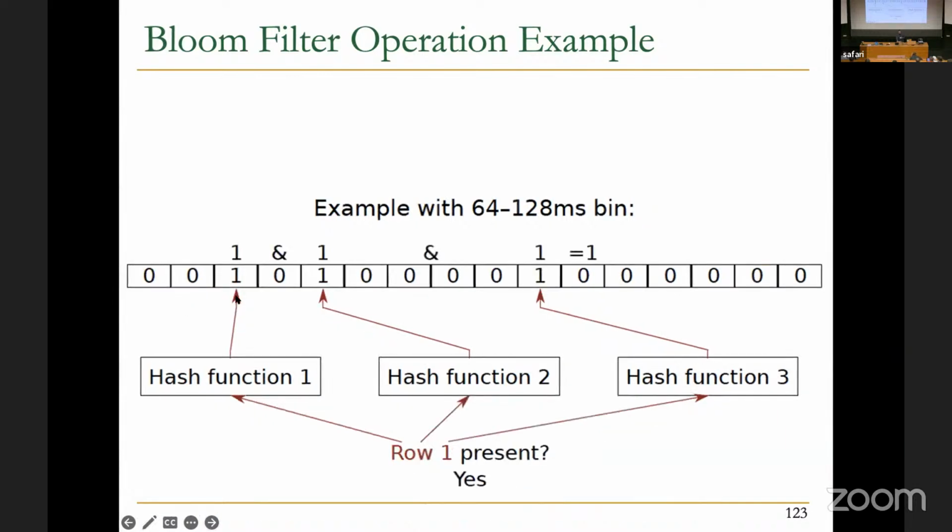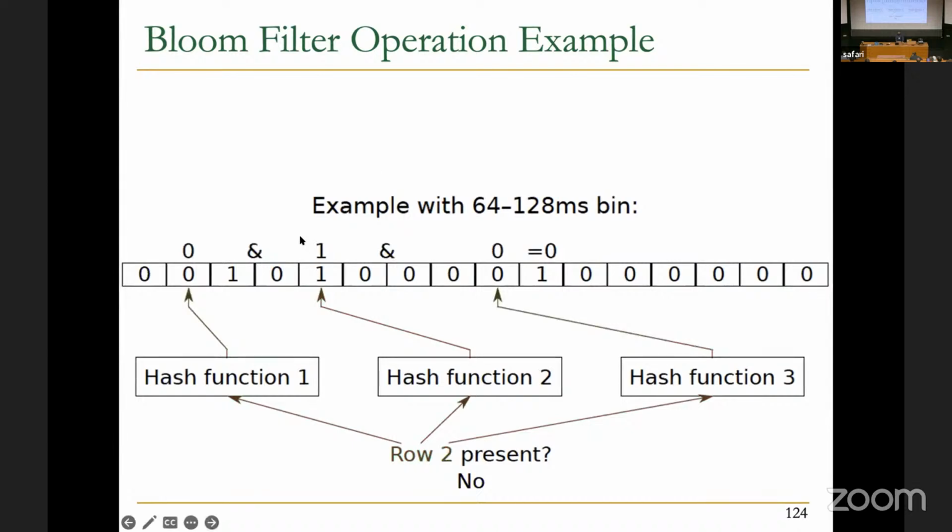And once you want to test if row 1 belongs to this particular set, if row 1 needs to be refreshed every 64 milliseconds, you provide the row address to these hash functions again, and they generate the same addresses. Then you check all the addresses. If all of them are set, you conclude that this row belongs to this set.